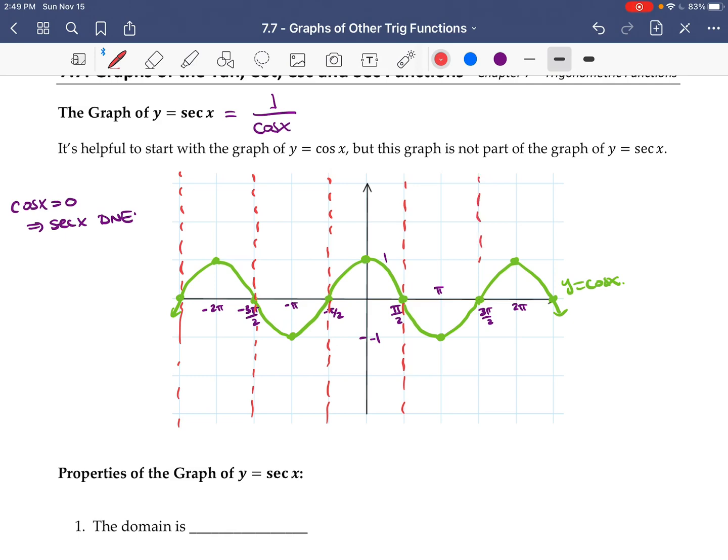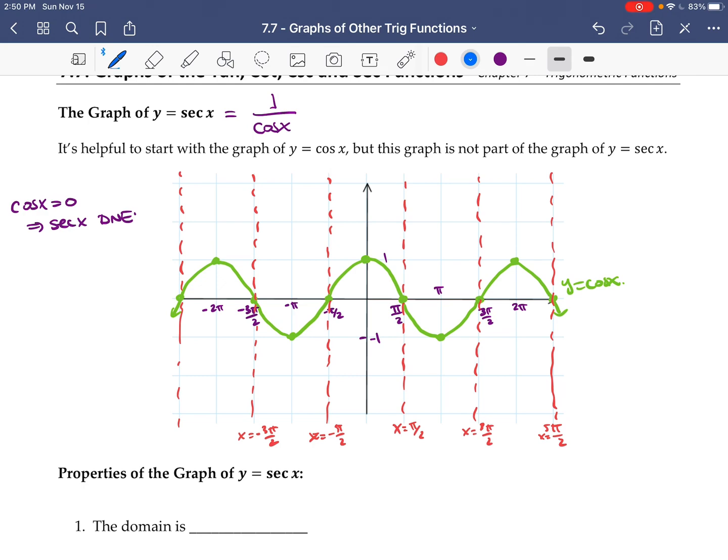Everywhere that I have an x-intercept in my cos graph. So that's x equals pi by 2, x equals 3 pi by 2, x equals 5 pi by 2, x is negative pi by 2, x is negative 3 pi by 2, etc. All of those are going to be vertical asymptotes.